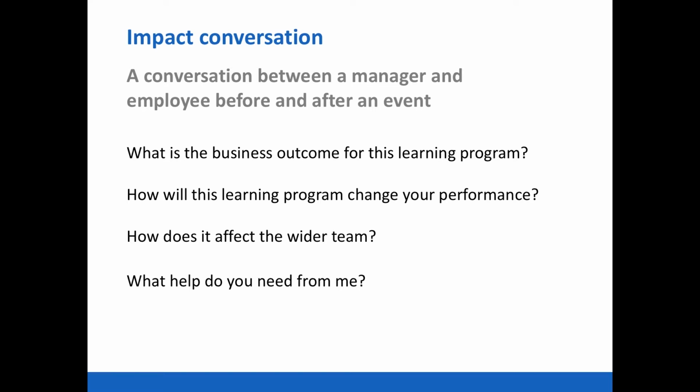How are we going to see a change in your performance from the manager? And then also, really importantly, the people manager thinking about how that person having a different set of skills and knowledge, especially if it's just a single person, is going to affect the team, and what else might have to be changed in the team as well.